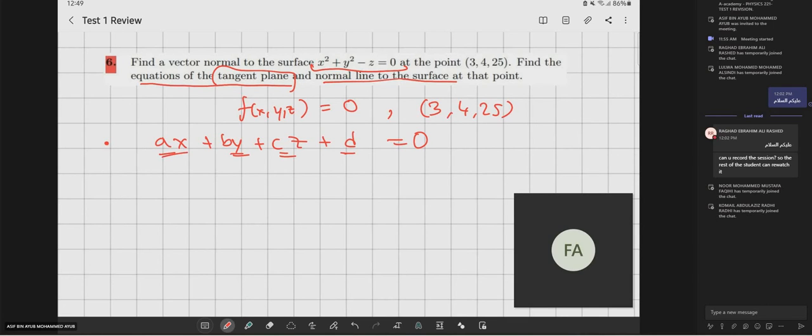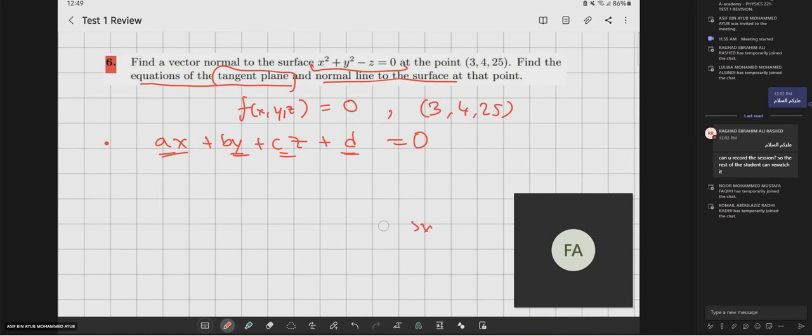Okay, so how do we make sense of this? In 1D, we had y equals mx plus b. This was the equation of a line in the xy plane. Similarly, when you move into higher dimensions, you'll find this is the general equation. So this is how you convince yourself that this is indeed a plane.